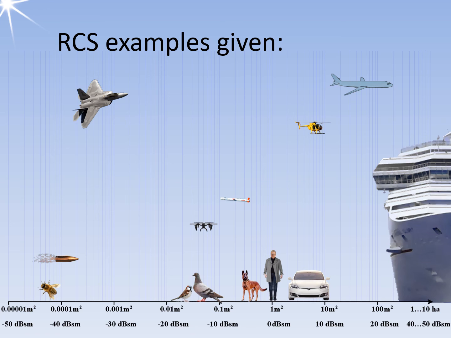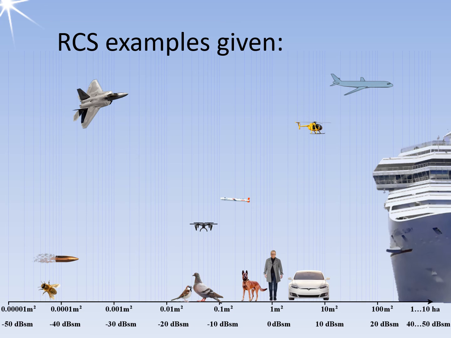A person has about 1 square meter, corresponding to 0 dBsm by definition. Incidentally, female persons can have up to twice this area, which is due to pieces of jewelry such as rings, necklaces, and earrings. A passenger car or a small helicopter has between 3 and 5 square meters.